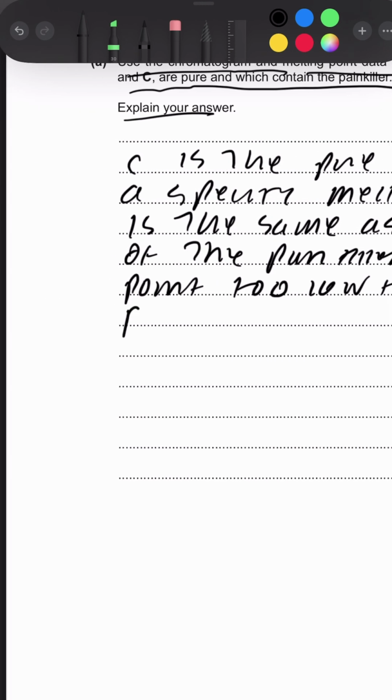So the first, use chromatography and melting point to determine which of samples A, B, and C are pure and which one contains the painkiller.